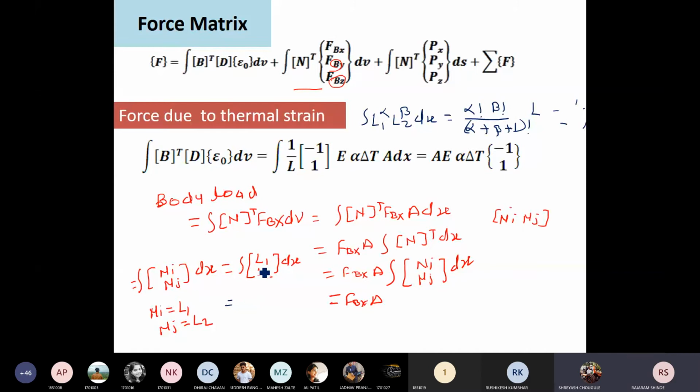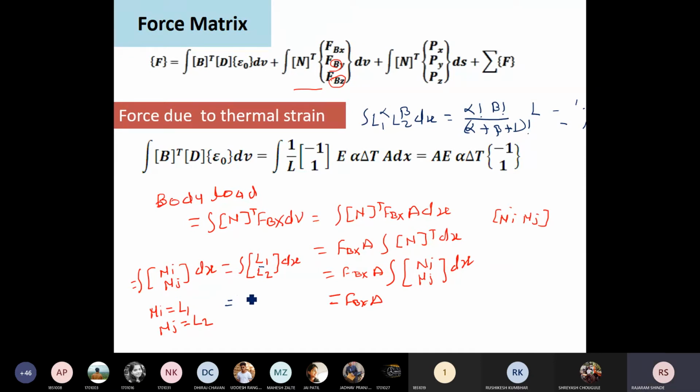Now you tell the integration of this one. You compare this integration of L1 with this one. See here, it is L1 raised to 1, L2 raised to 0. Now you tell the integration.